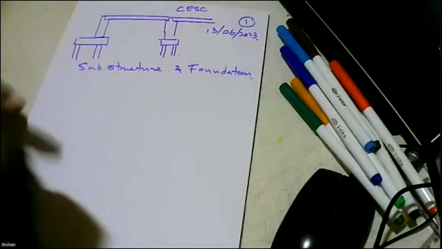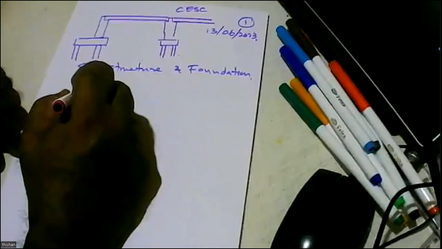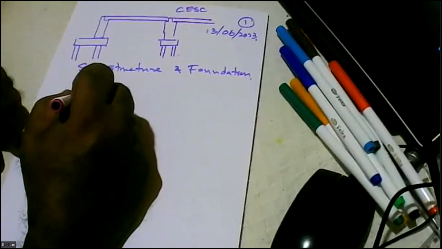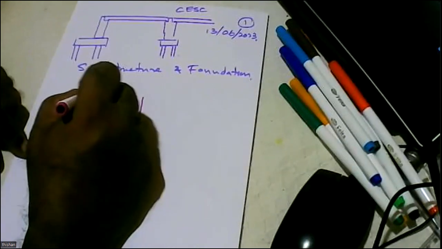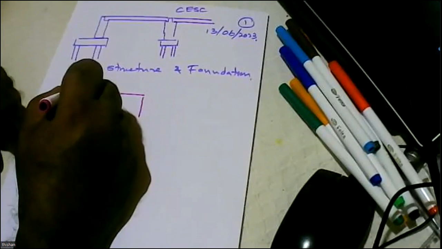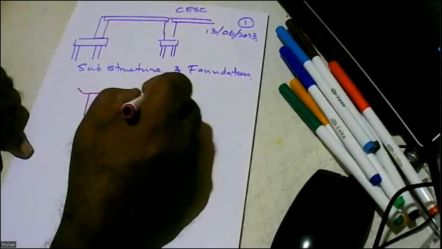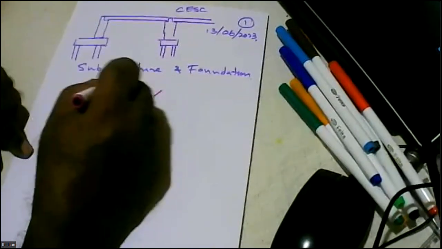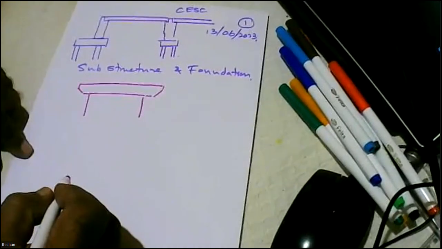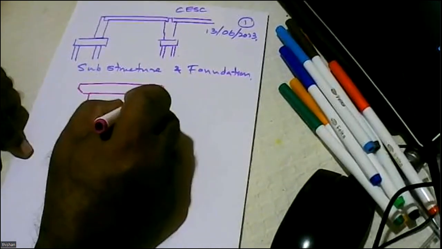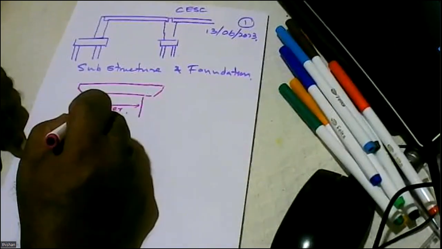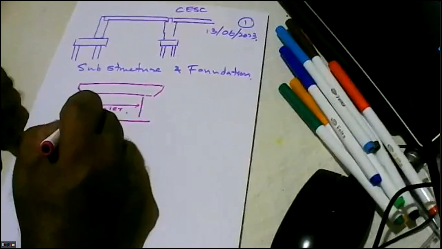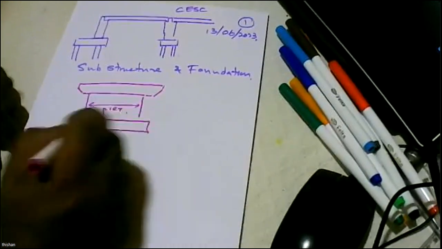I can take one example of a bridge that we were involved in, and actually it's a flyover. The original design was something like this, and it had a wide pier, and then it was on piles.